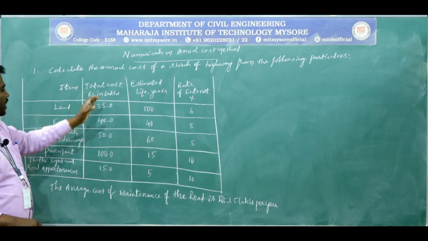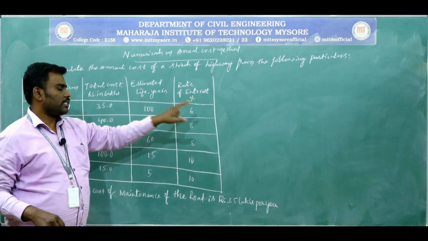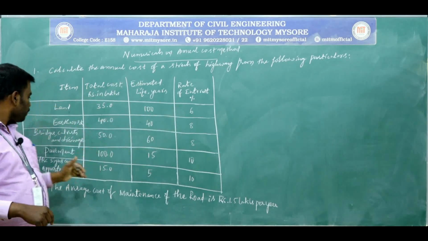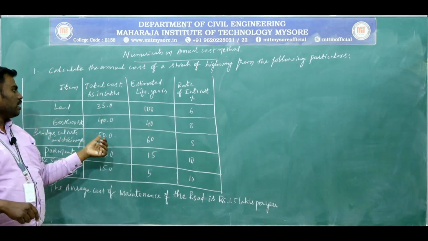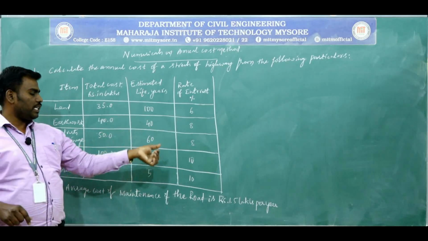For the land they have given total cost 35 lakhs, estimated life 100 years and rate of interest 6. For the earthwork it is 40, 40 and 8. For bridges, culverts and drainage, 50, 60 and 8. For pavement it is 100, 15, 10.